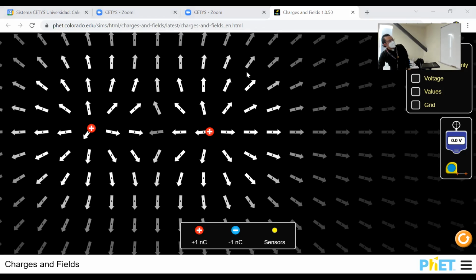There's an arrow going this way for this charge, and then there's another arrow going this way, and they're going to crash into each other. That crashing generates that sort of imaginary line or barrier that Andrea was talking about. That represents the repulsion force that's happening between 2 positive charges.